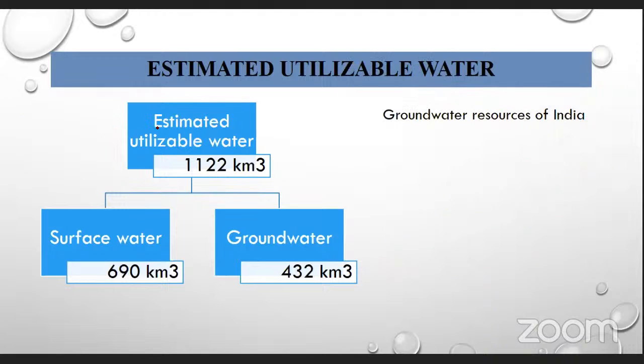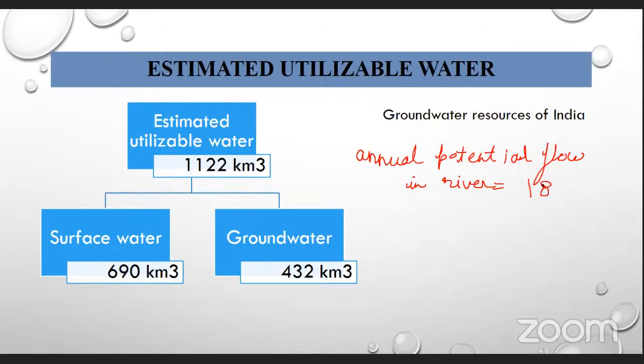So whatever water falls on the earth surface of India is usually going to be converted into annual potential flow. Okay, and in India the annual potential flow in rivers is usually 1869 bcm, or you can say 186 million hectare meter.